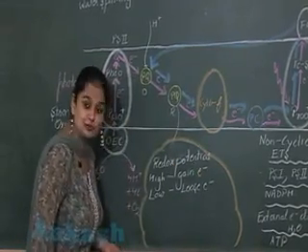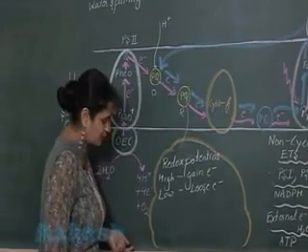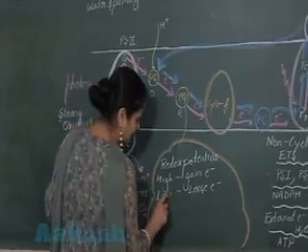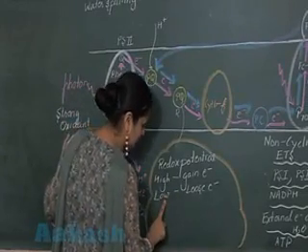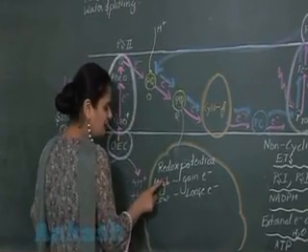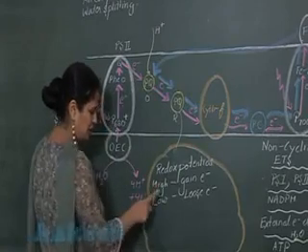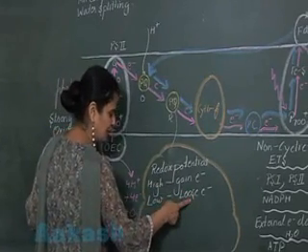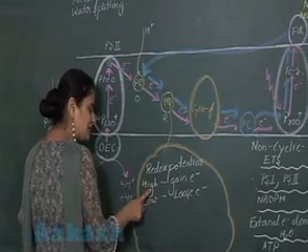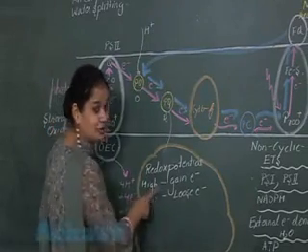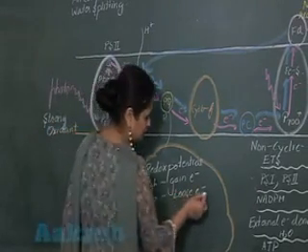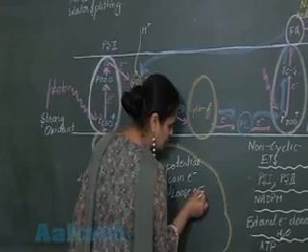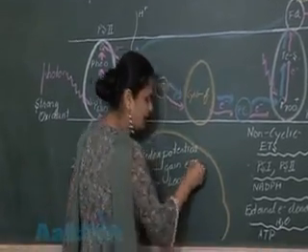तो ज्यादातर जो इलेक्ट्रॉन ट्रांसफर होगा वो कैसे होगा? The compounds having low redox potential to the compounds having high redox potential. Low redox potential वाले कंपाउंड इलेक्ट्रॉन लूज करेंगे और ये जो कंपाउंड्स है जिनका हाई रिडॉक्स पोटेंशियल है ये इलेक्ट्रॉन गेन करेंगे. तो ज्यादातर इलेक्ट्रॉन ट्रांसफर कैसे होगा? फ्रॉम लो टू हाई.